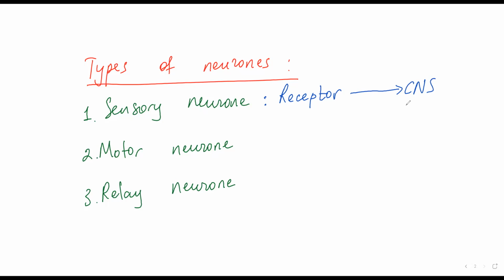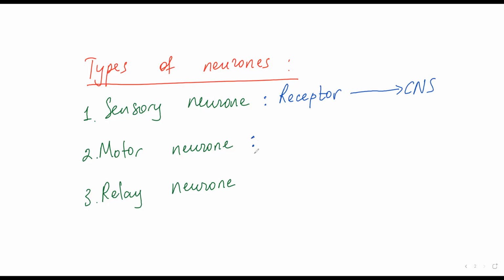You will not feel pain, you will not see, you will be deaf, for example, or blind. Yes, this is related to the sensory neuron. Also, if we have damage in the receptors, we will have the same problems.